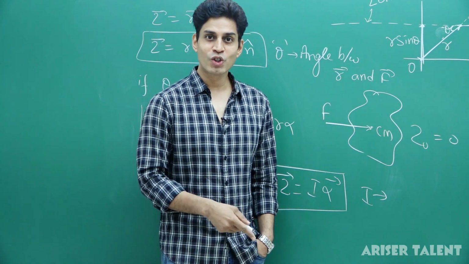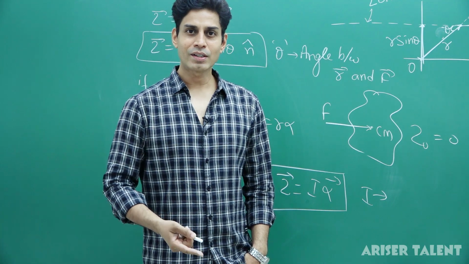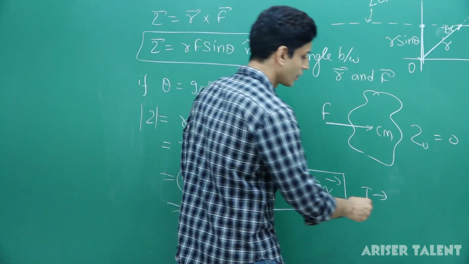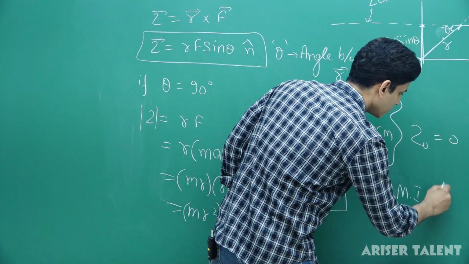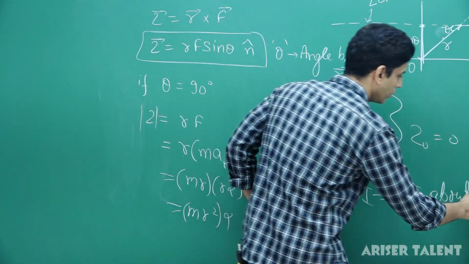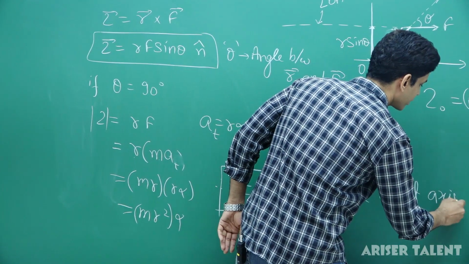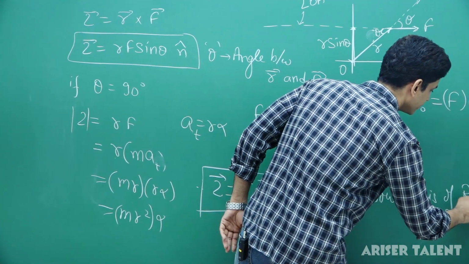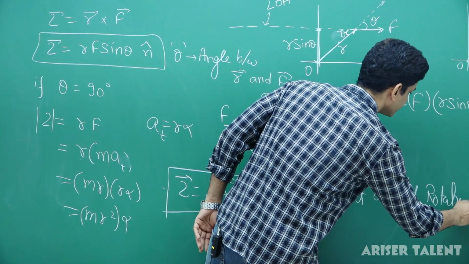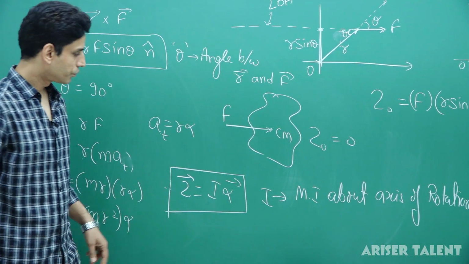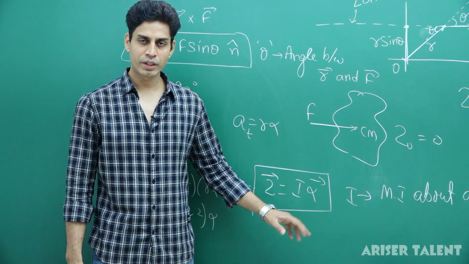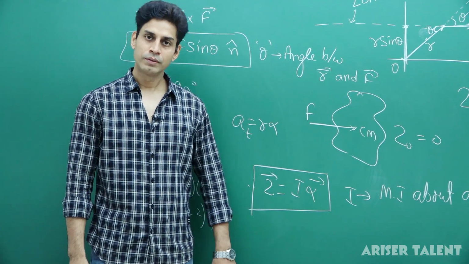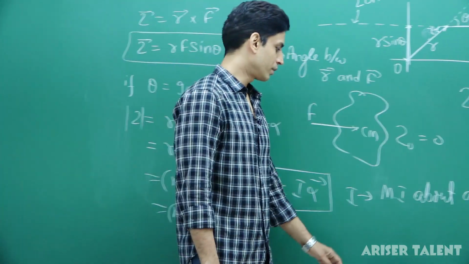This I is not merely I, it is I about the axis of rotation. If this is clear, that torque is equal to I alpha, where I is not moment of inertia only, it is moment of inertia about the axis of rotation, then you will not make any mistake.